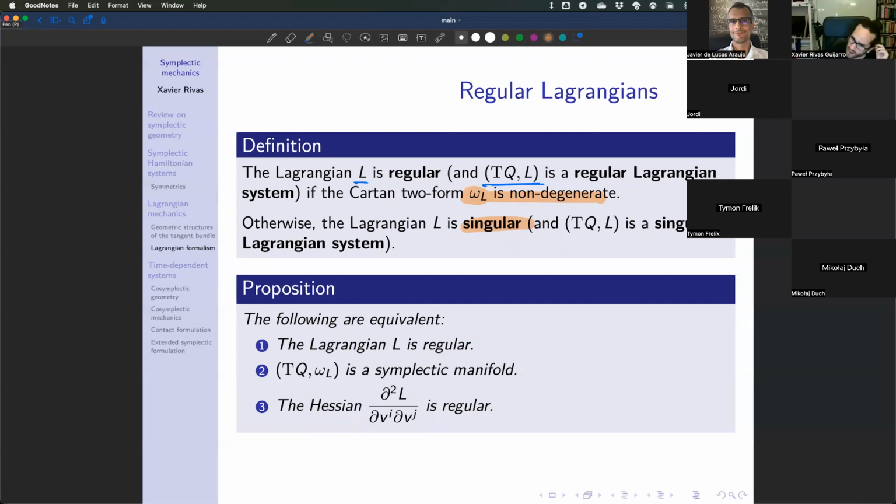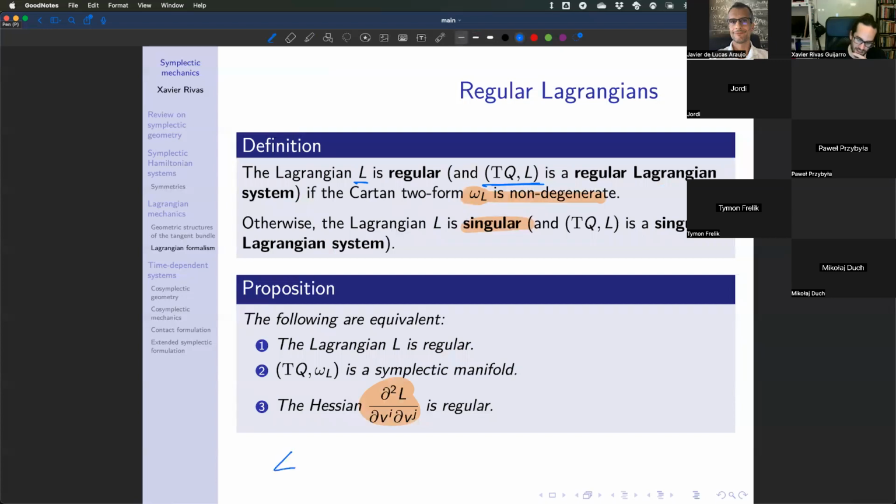And this can be characterized in several ways, but the most useful is this one. This Hessian has to be invertible, has to be regular. The Hessian of the Lagrangian with respect to the velocities has to be regular. There's another characterization for those who know more.